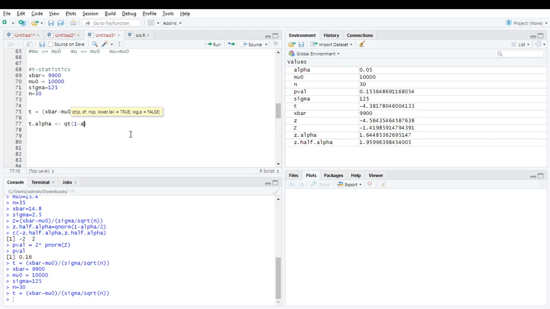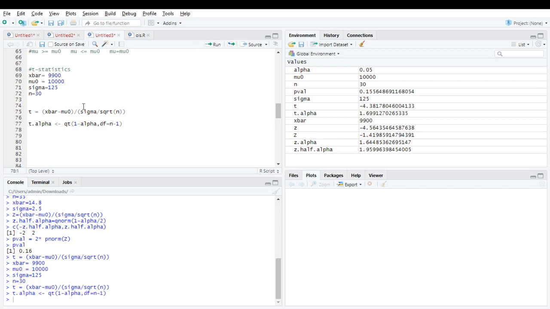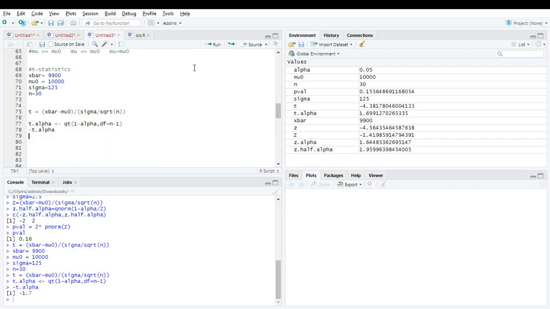Okay, so 1 minus alpha, and we have to pass the degree of freedom, which is n minus 1. So you get some t alpha, and as it's a lower bound, minus t alpha will be our measure of interest, which is minus 1.7.